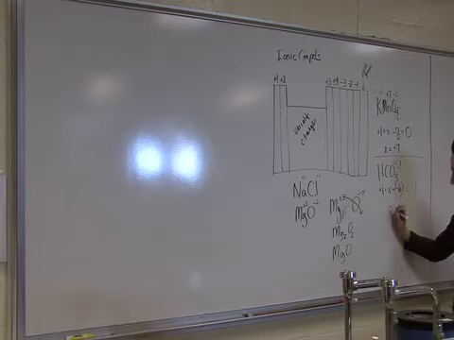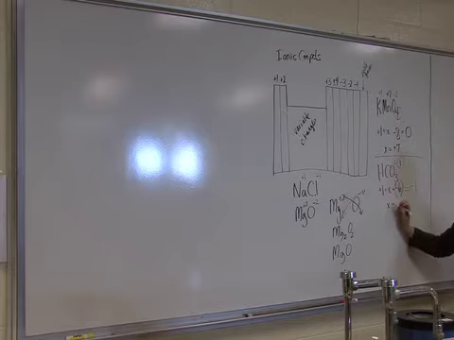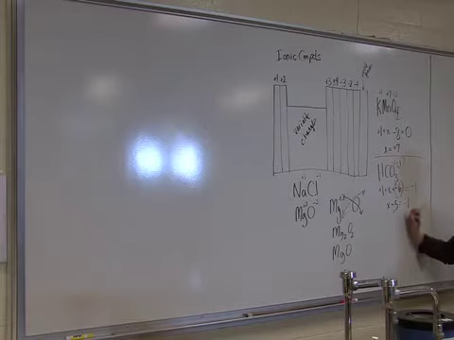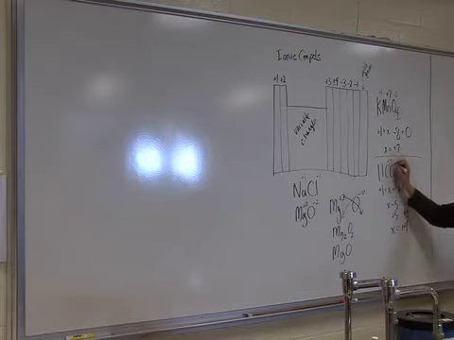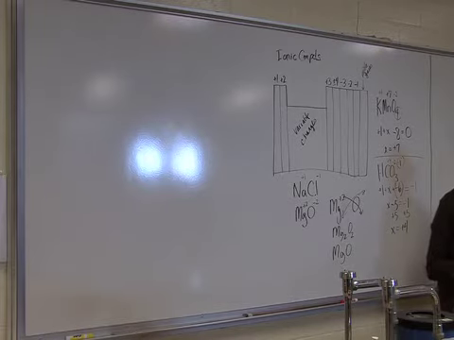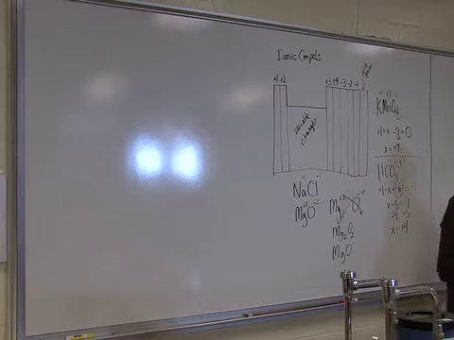So if you actually wanted to do the algebra, 1 - 6 is going to give us a -5 equal to -1. So X is equal to positive 4 for that carbon. All right, so that's a couple of different ways to do this.